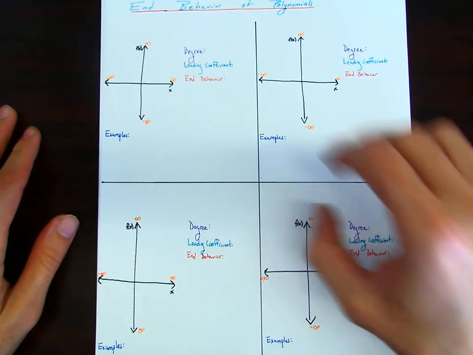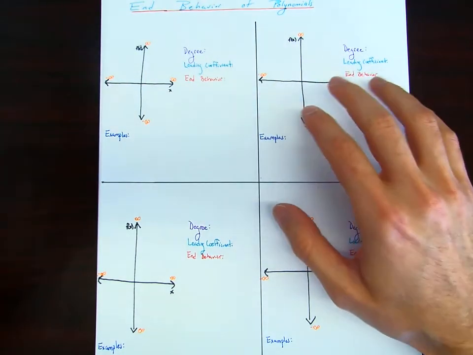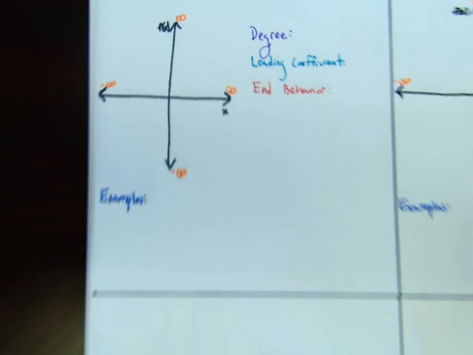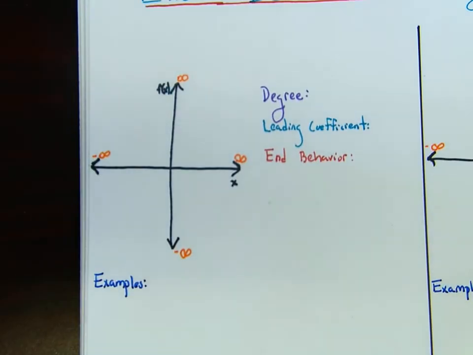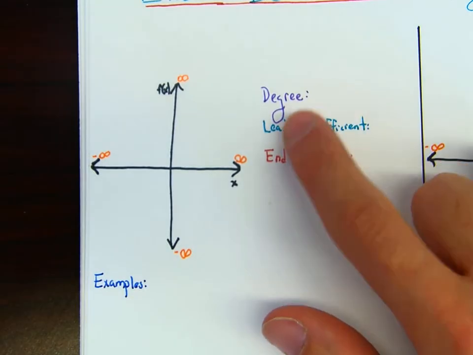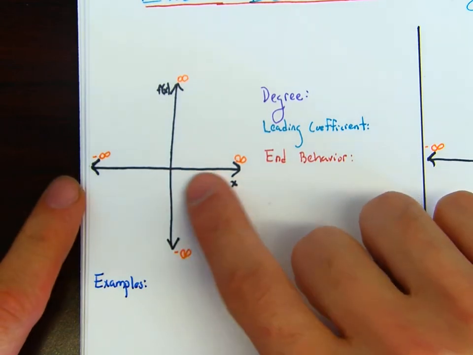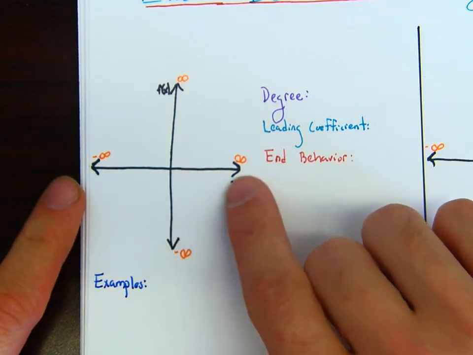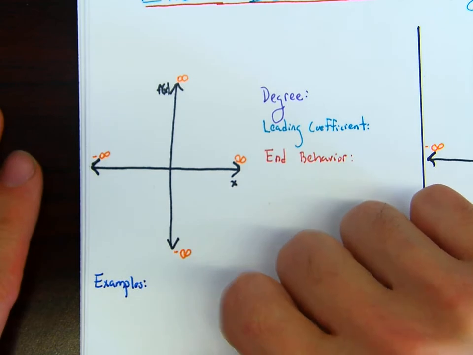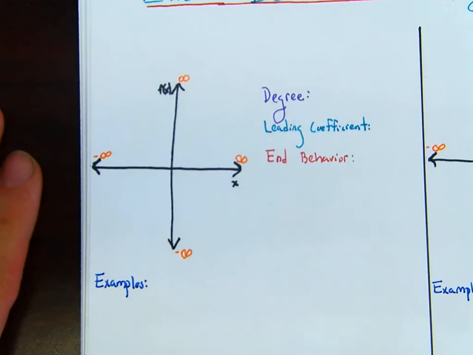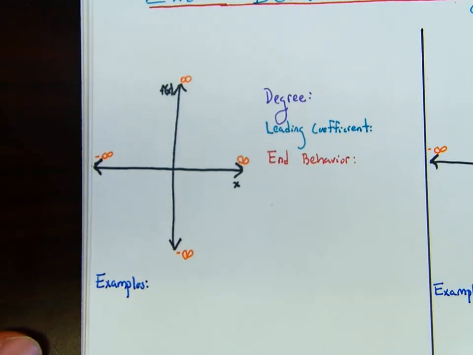For each section it should look like this. You're creating 4 of these, where we'll talk about the degree, the leading coefficient, the end behavior, and what's happening as the graphs go towards positive infinity and negative infinity. So create 4 of these, and now you want to go through the lesson.